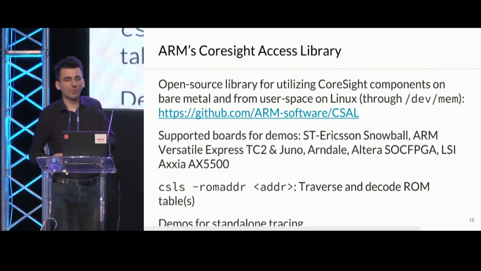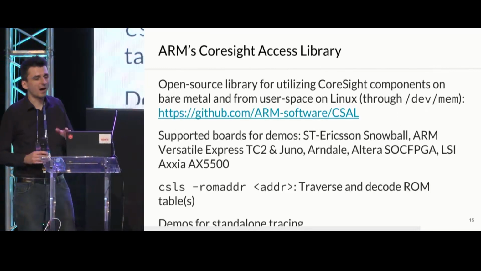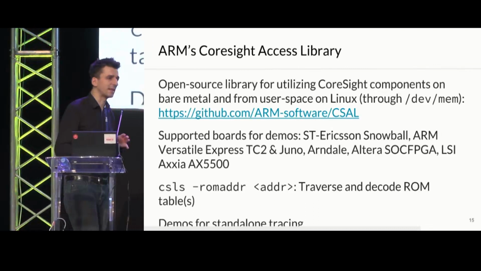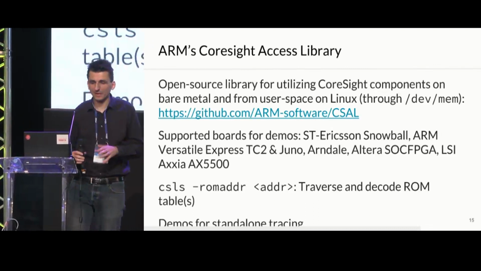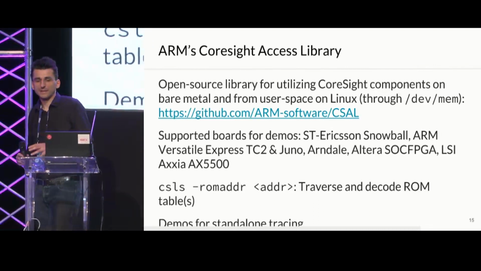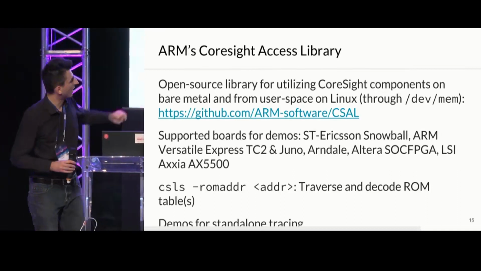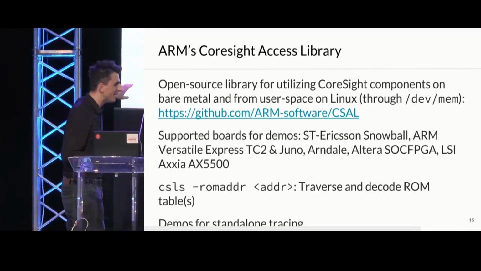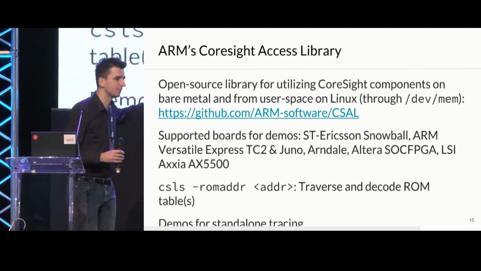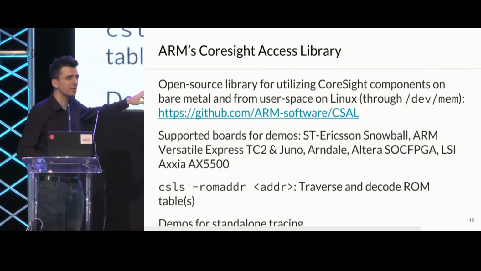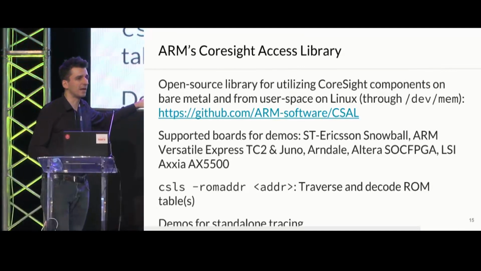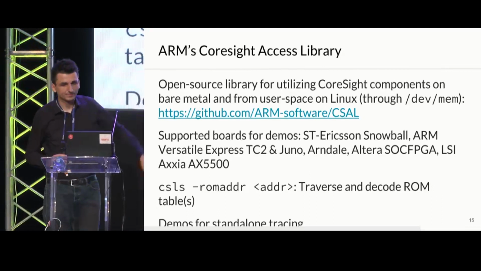The number of supported boards is a little bit oddish because those are mostly older development boards, but extending this is pretty trivial. If you have the configuration, it'll take you half an hour to an hour to add another board.